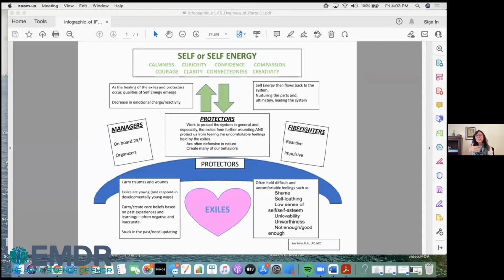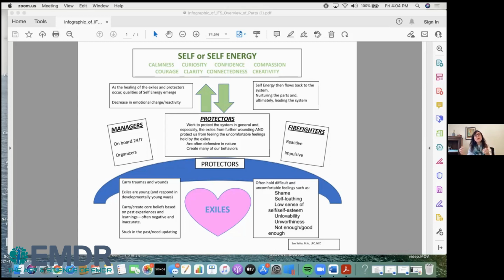And so talking amongst yourselves, working inside your own system, that's how we get to that. And you can go through the list, and each of these C words could be emulated by a very skilled manager or firefighter, or even an exile that looks this way. And so just really knowing that felt sense of just that receptivity, and whatever happens is okay.